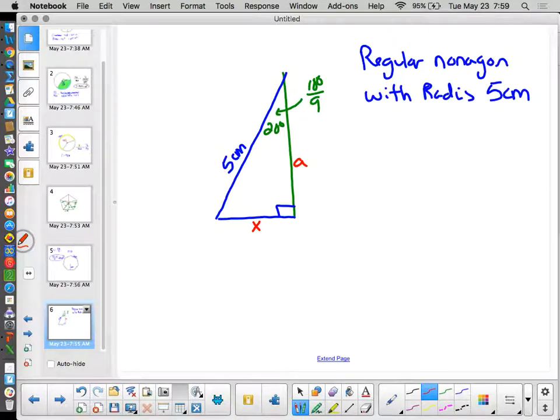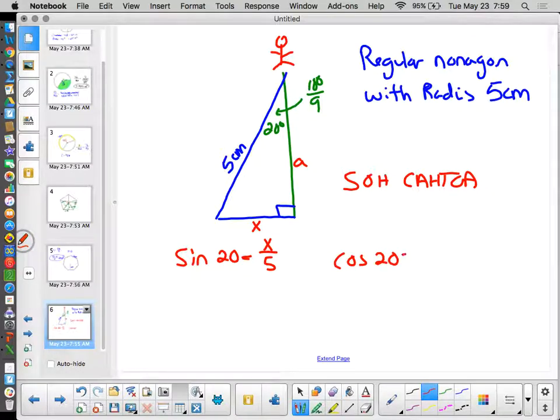So if this is our angle, we can just work right through our functions, sine, cosine, and tangent, because we have SOHCAHTOA. Okay? So sine of the angle is the opposite over the hypotenuse.